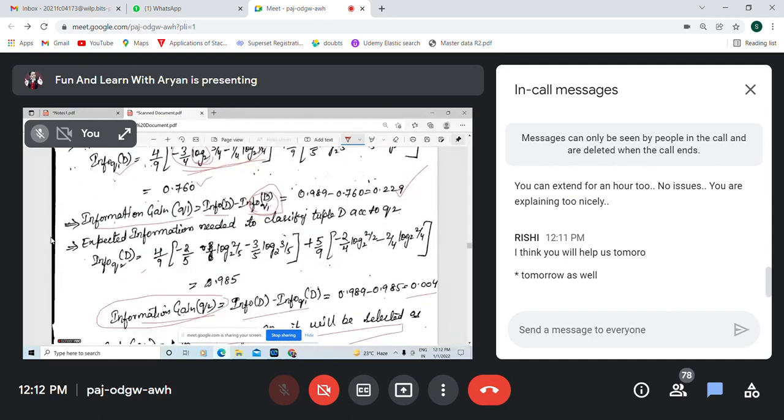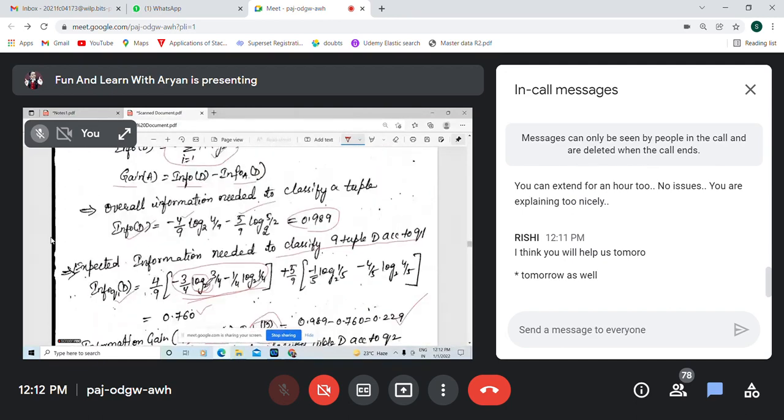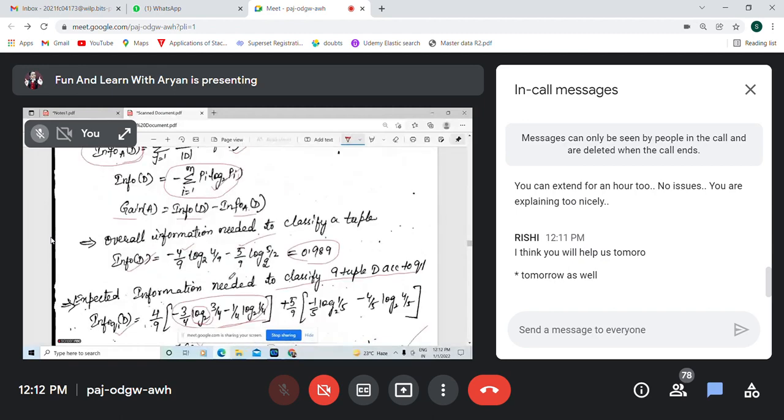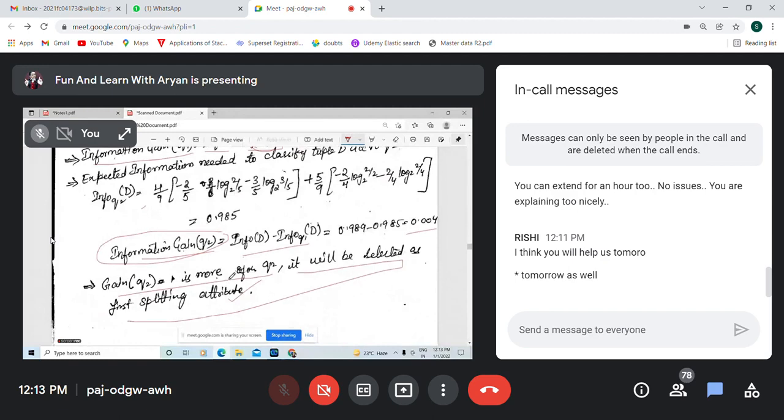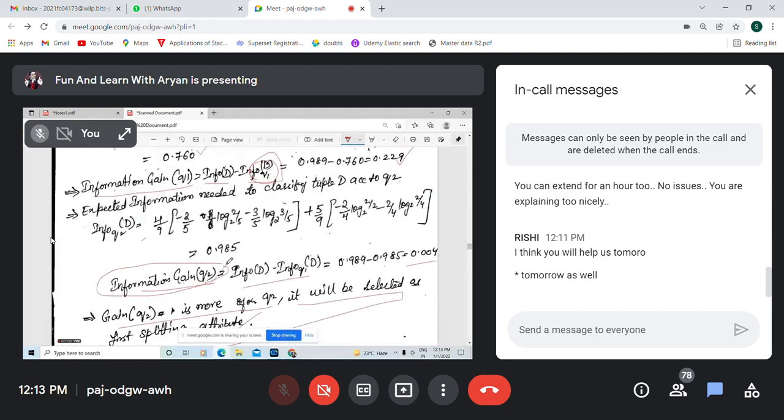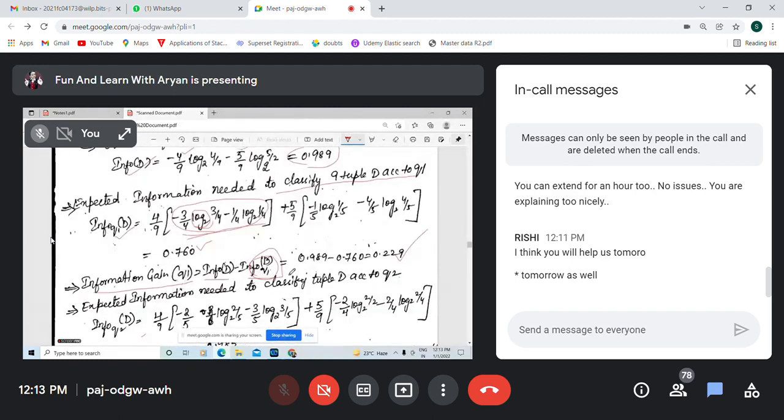Where is Q1? Where did I calculate Q1? This is Q2 information. Yeah, here it is. Q1. Okay. How much gain you got for Q1? 0.229. What was the split information for Q1?